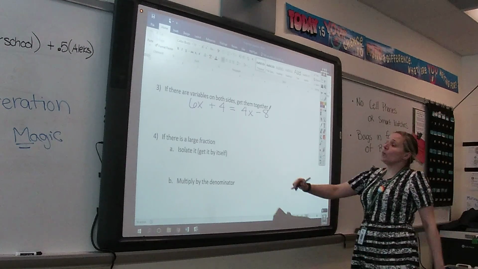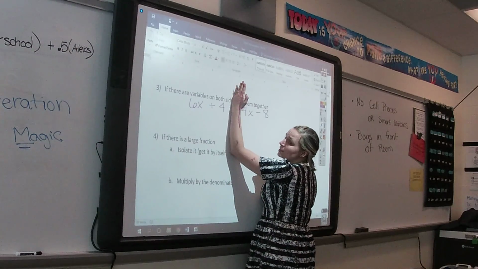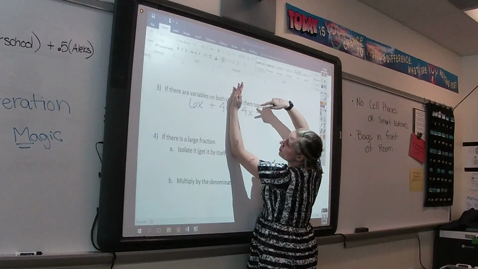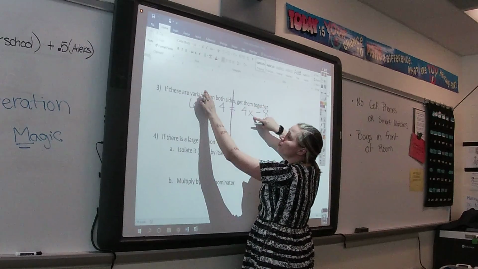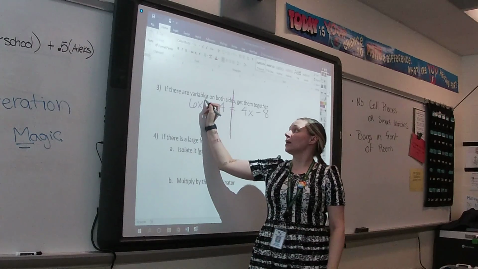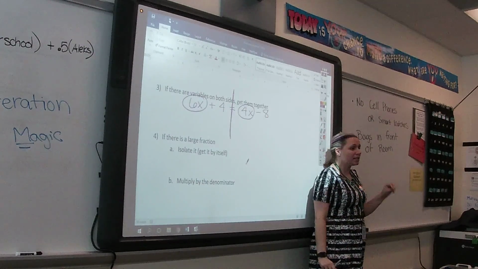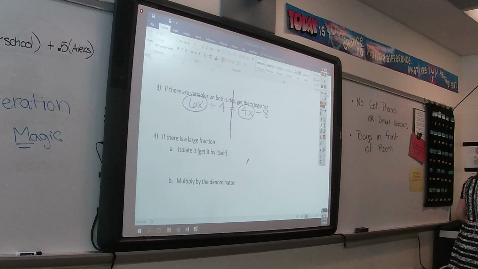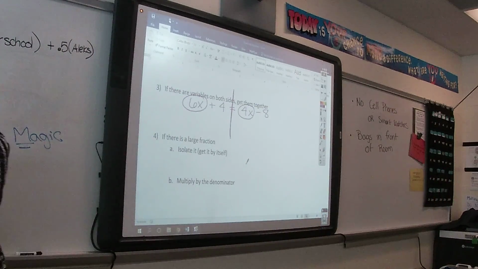Now when we look at this problem, here is our equal sign, and we have a variable on the right-hand side, and we have a variable on the left-hand side. So we have variables in both of these locations that we want to get together. And several of you have already talked to me about this because you were getting it confused with what we added last week.